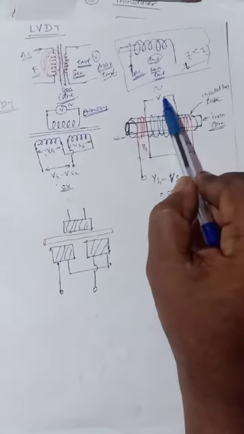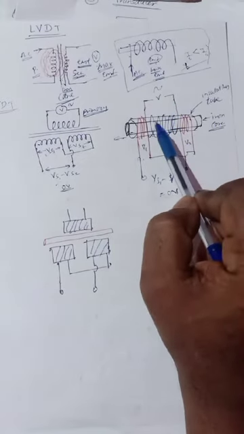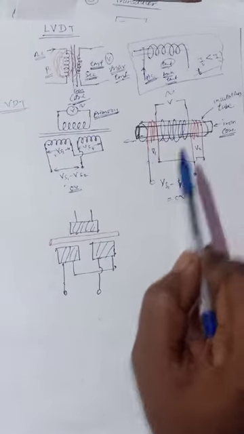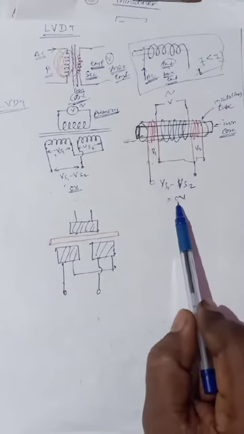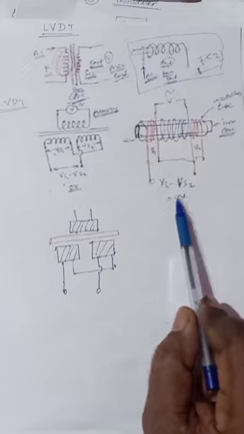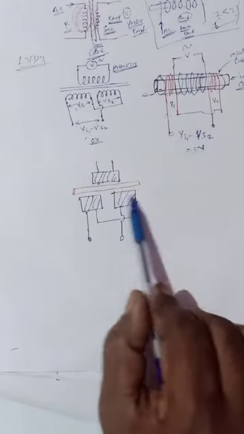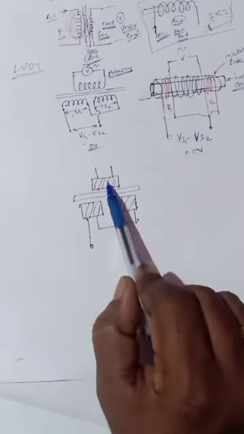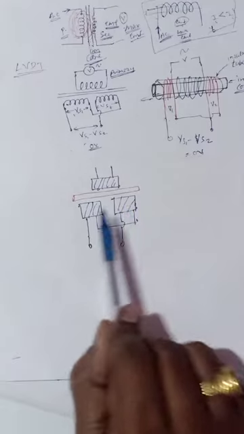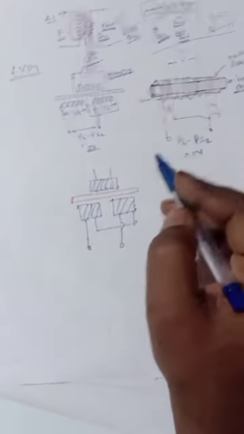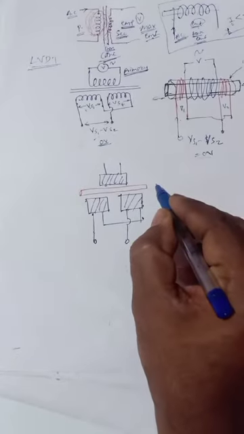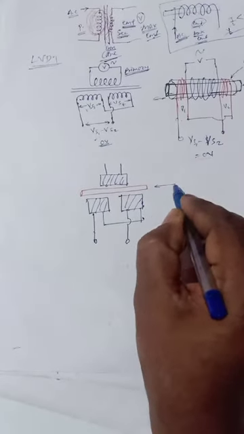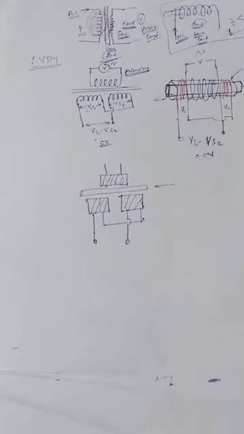Whatever AC voltage is applied to the primary, the voltages developed in the secondaries are equal and opposite, so we get 0 volt. This is another symbol: the primary coil, the two secondary coils, and the iron rod. Initially this rod is at the center.